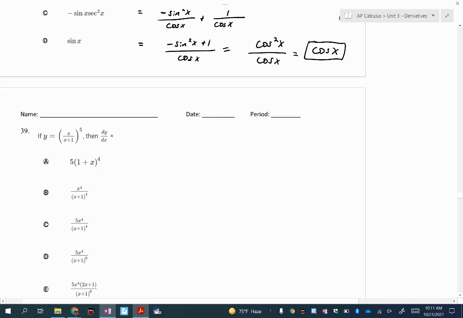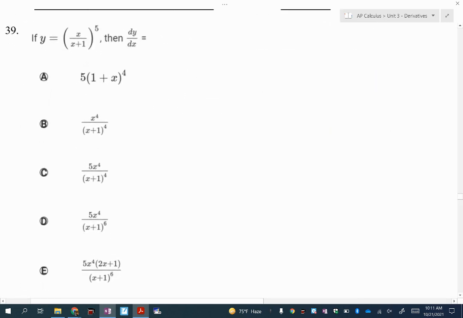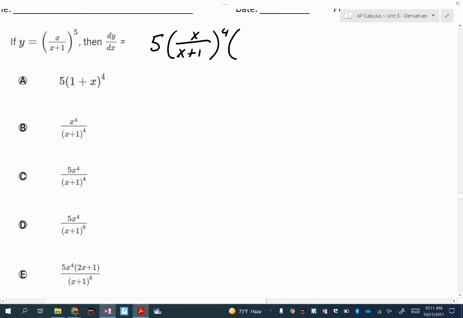Okay, two more. 39. We're going to do the power rule and the chain rule. So watch this. You're going to do 5 times x over x plus 1 to the 4th power. But then we need to do the derivative of the inside. So that's going to be the derivative of the numerator times the original denominator minus the derivative of the denominator times the original numerator all over the denominator squared.